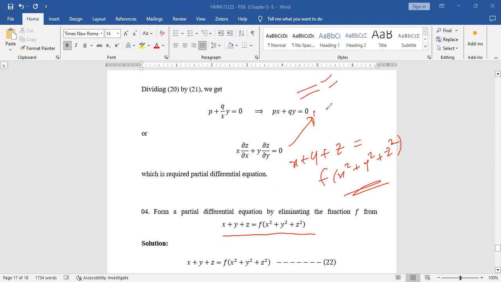Sorry, the final answer will be x minus y is equal to z minus x cube plus y minus z p.